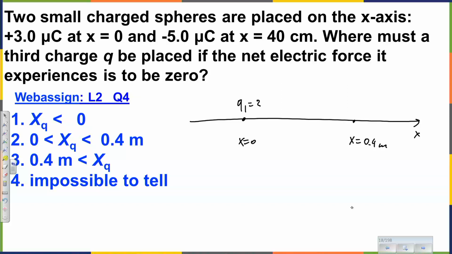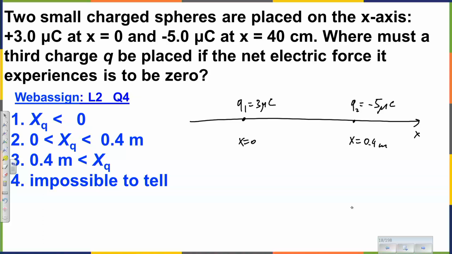Q1, 3 microcoulombs. Q2, 5 microcoulombs.